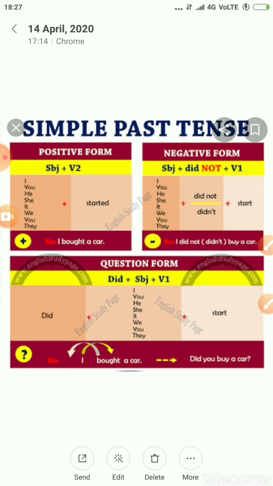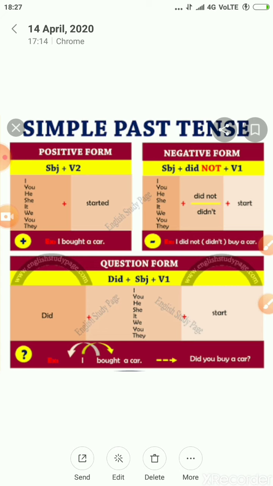Then V2 is used here because it's simple past tense. There is a peculiarity: in simple past tense V2 is used only for the positive form, but for the negative, interrogative and question form there is only V1.